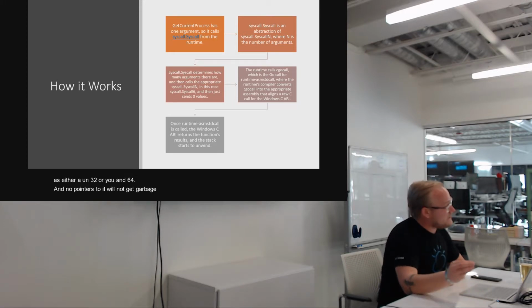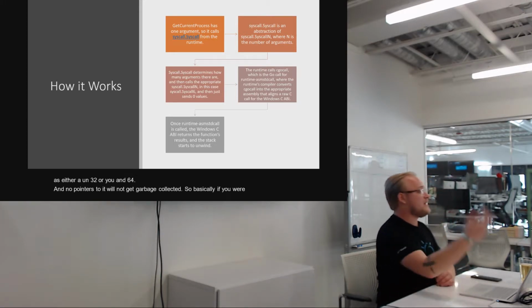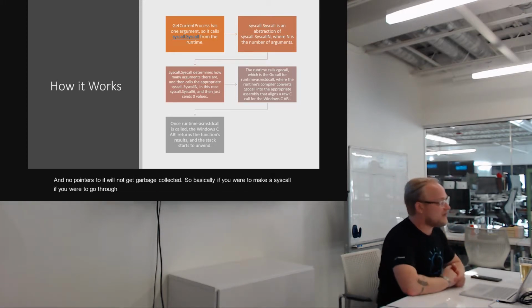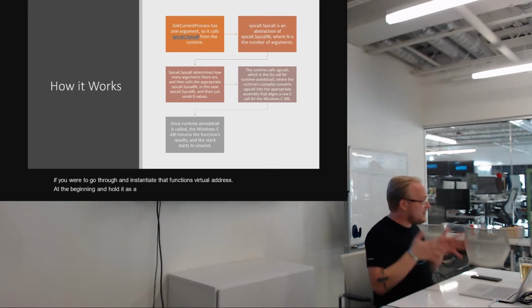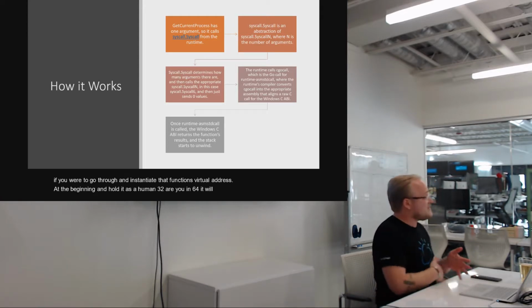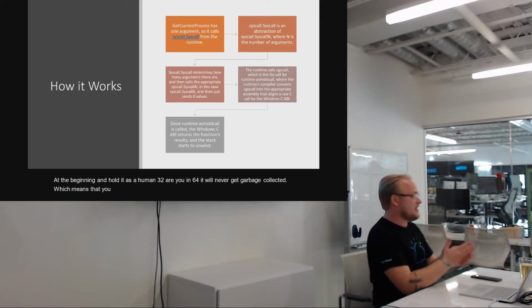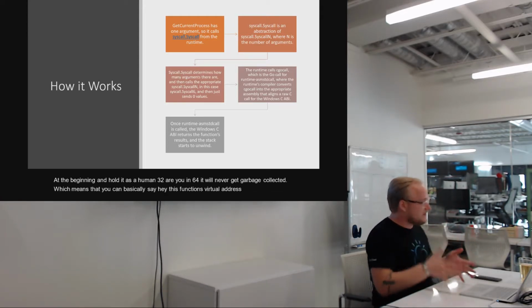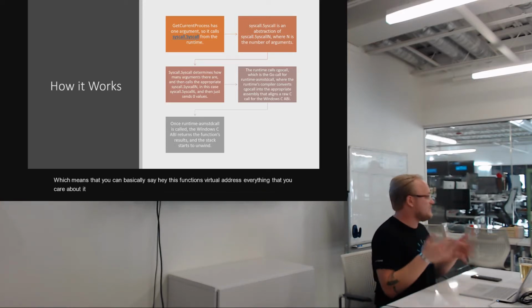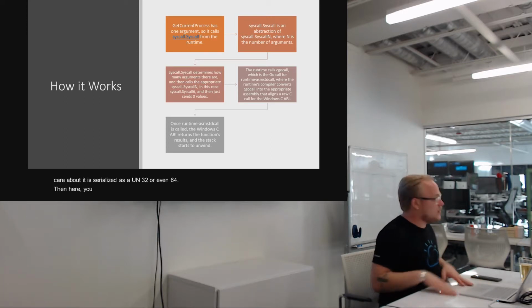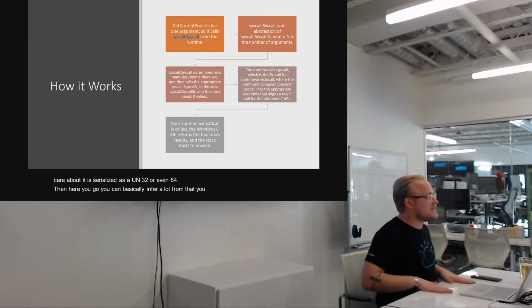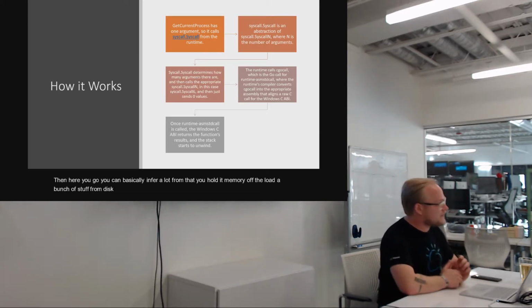So if you were to make a syscall, and instantiate that function's virtual address at the beginning, and hold it as a uint32 or a uint64, it will never get garbage collected. Which means you can basically say, this function's virtual address and everything that you care about is serialized as a uint32 or a uint64, then here you go. You can infer a lot from that. You hold it in memory, you don't have to load a bunch of stuff from disk, and all of these other fun things.